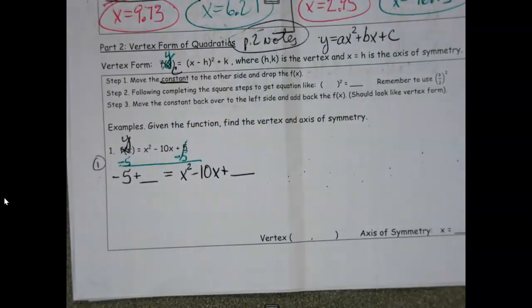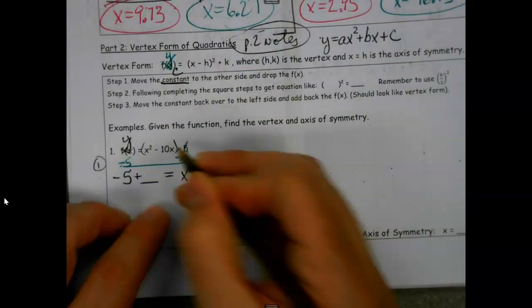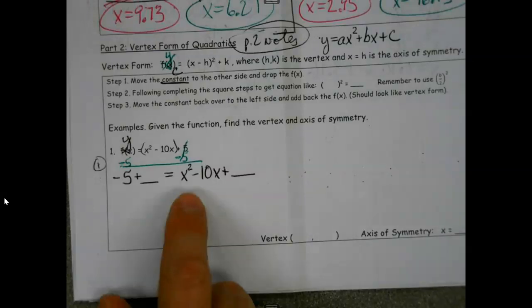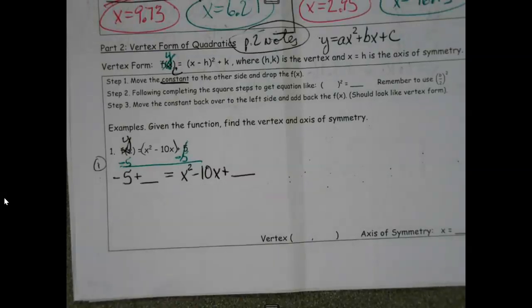Once we get that constant to the other side, check out what happened. Our x's are back together, hanging out by themselves, just like they were yesterday. And just like yesterday, once those are on a side by themselves, we're going to put a blank.